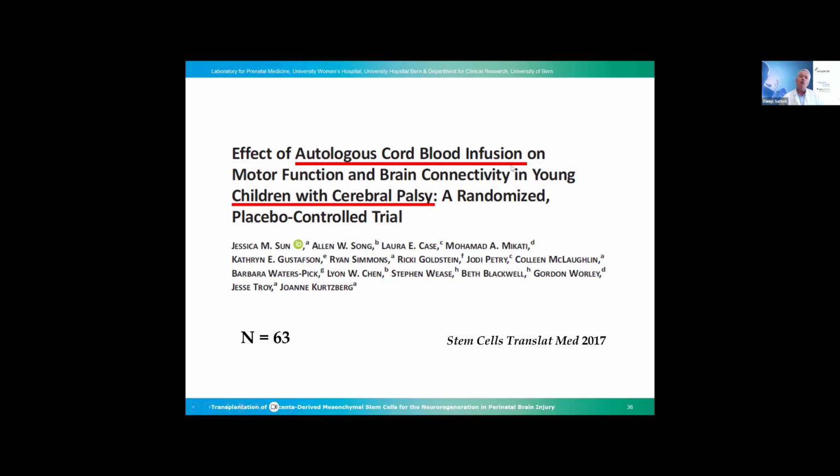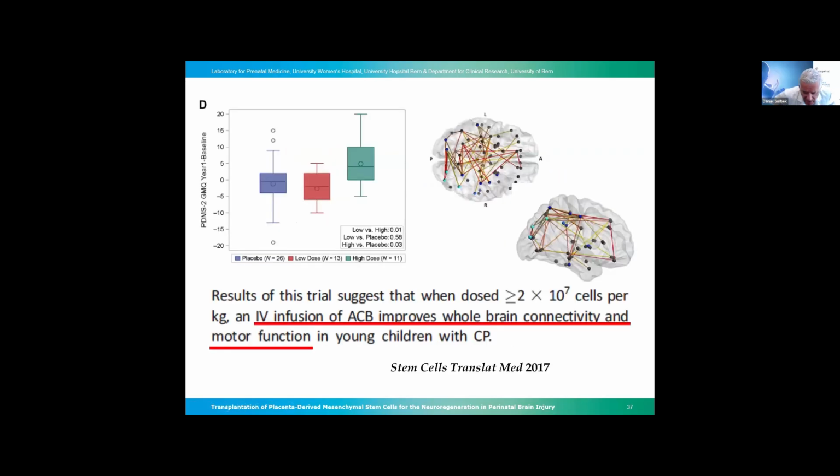And she started to use this approach using autologous cord blood infusion in children with cerebral palsy. That was her first randomized trial, and she could not only show that there is an improved function, but she could also show in functional imaging that there is an improvement in whole brain connectivity as well as motor function.